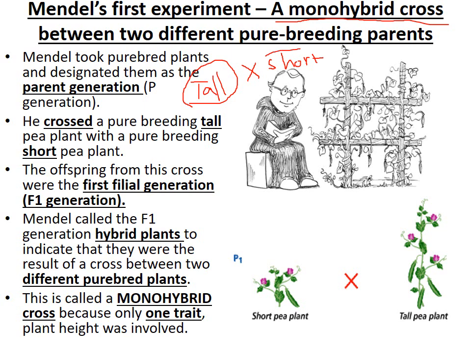Pure breeding short plants. So that means they were short plants that had only been bred with other pure breeding short plants. And those would produce kids or offspring.